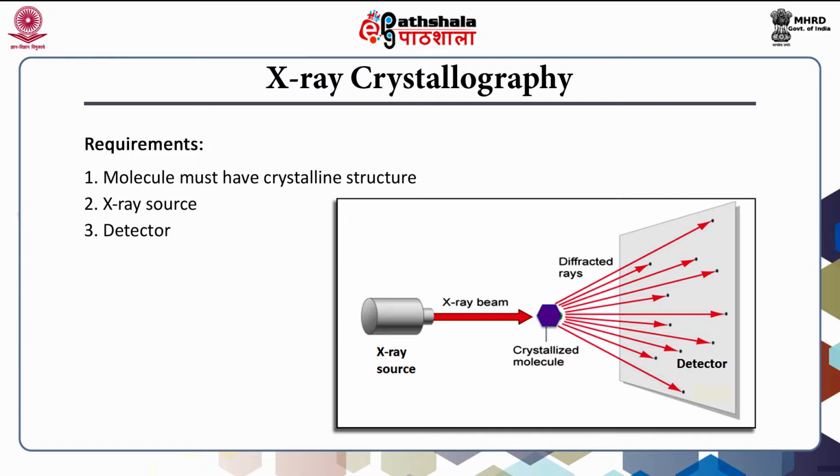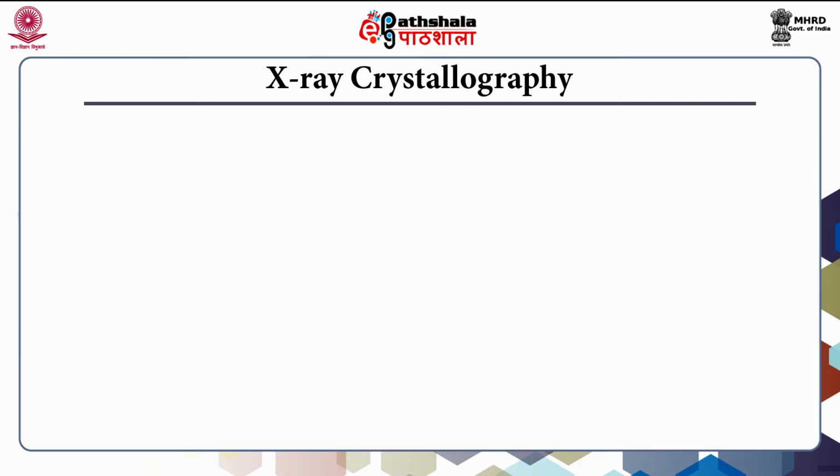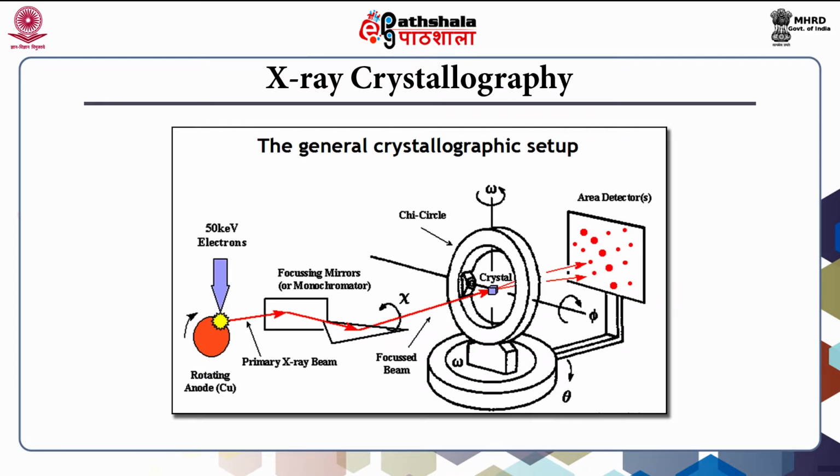In the next slide we are going to discuss the general setup of X-ray crystallography. In this slide we can see the general setup. When you go from the extreme left side, you can see 50 kilovolt electrons coming and hitting a rotating anode which is made of copper.